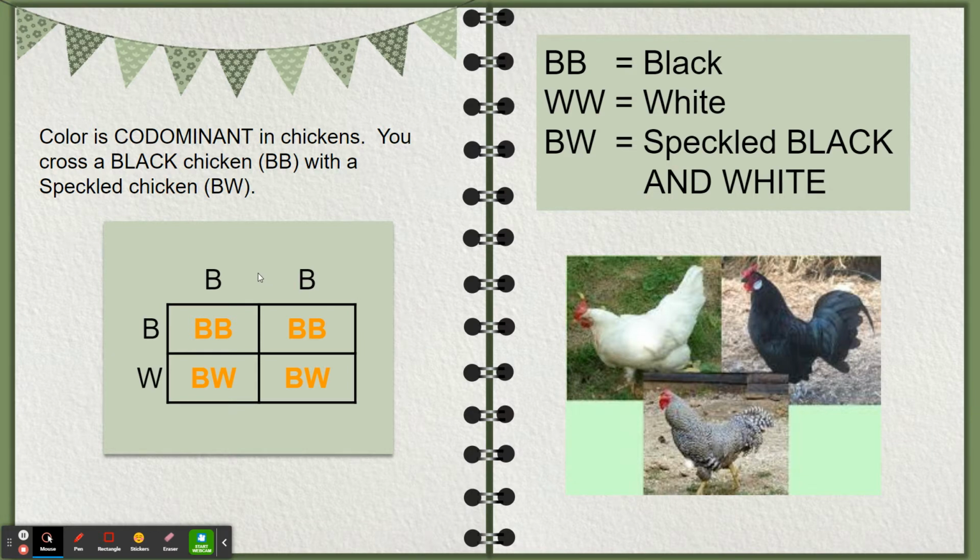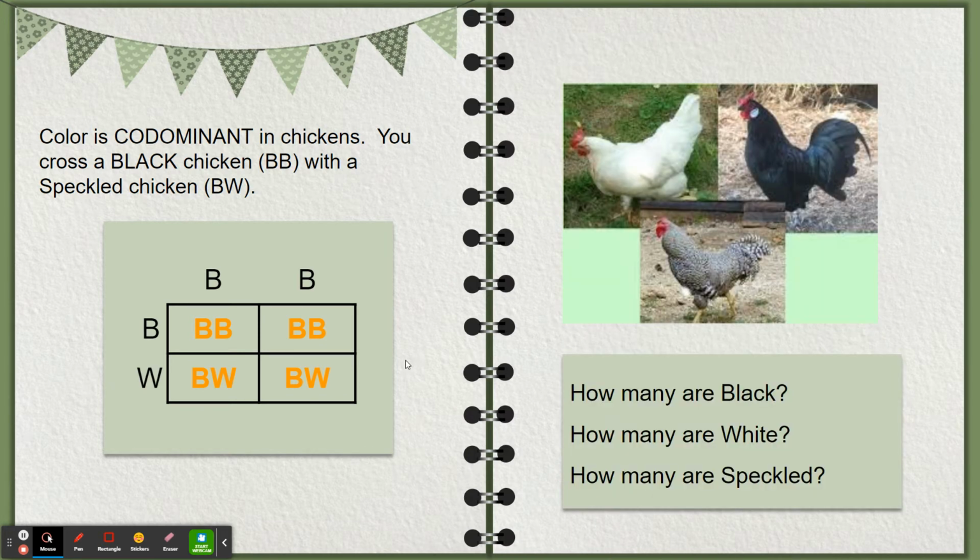So we're going to cross a black chicken, big B, big B, with a speckled chicken, big B, big W, and analyze the results of this cross. Take a minute to answer the question of how many are black, white, and speckled.